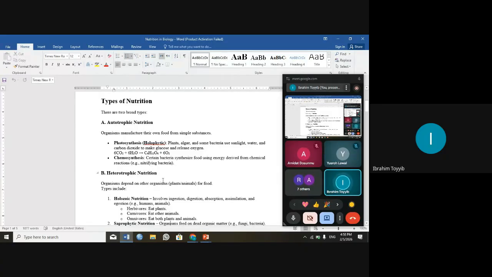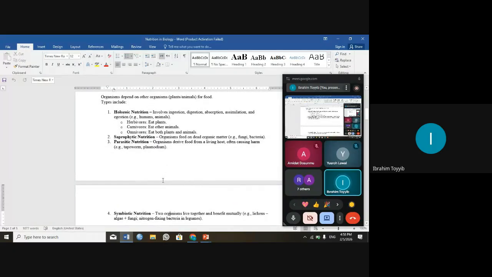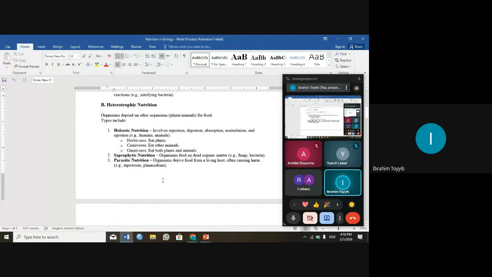Now let's come to heterotrophic nutrition. From the word auto, you know that it is automatic. In heterotrophic nutrition, organisms depend on other organisms like plants and animals for food. Like we depend on plants, that's herbivore, or animals, that's carnivore.